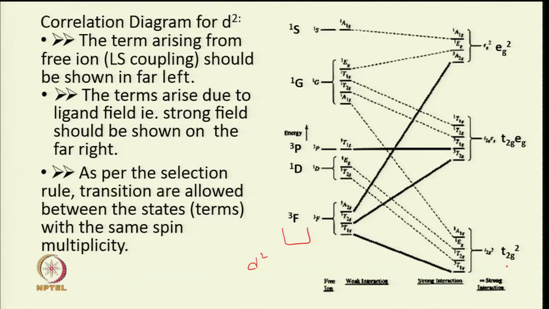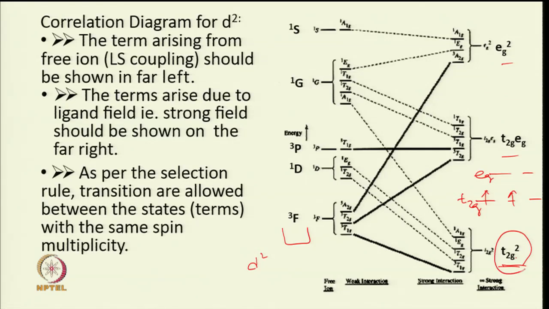Here we have written the way the electrons will be filled. In the ground state, 2 electrons are in t2g. The d electrons in an octahedral field are filled this way, so this is t2g and this is eg.